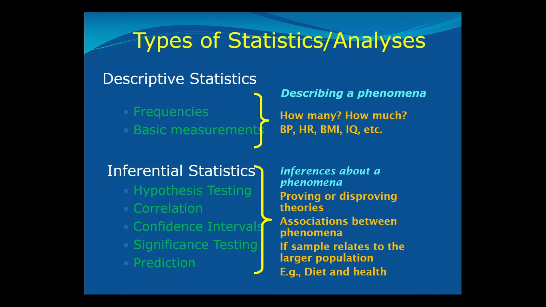The methods are hypothesis testing, correlation, confidence interval, significance testing, and prediction. We use inferential statistics methods to prove or disprove theories, to describe associations between phenomena, and to understand if a sample relates to the larger population or not. The example is a relationship between diet and health.